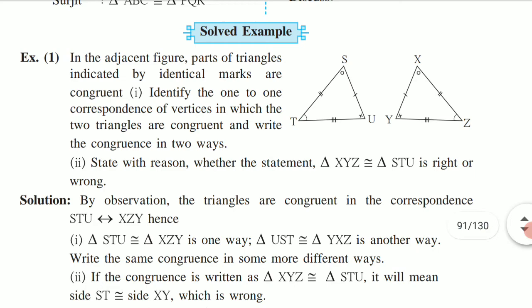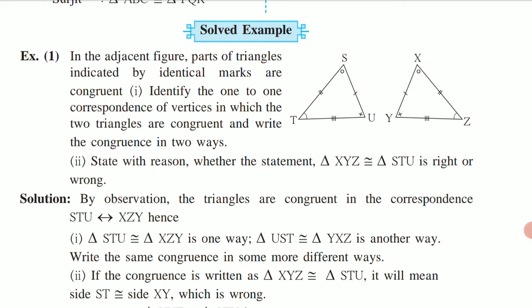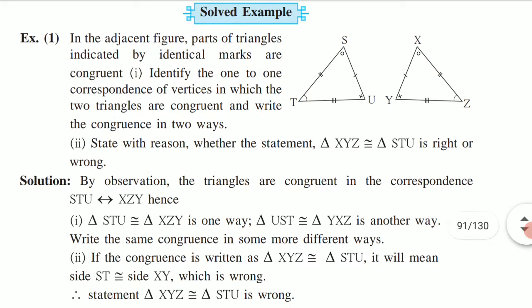Now, some solved examples. In the adjacent figure, parts of triangles indicated by identical marks are congruent. First, identify the one-to-one congruent correspondence of vertices in which the two triangles are congruent, and write the congruence in two ways. State the reason whether the statement triangle XYZ congruent with triangle STU is right or wrong.